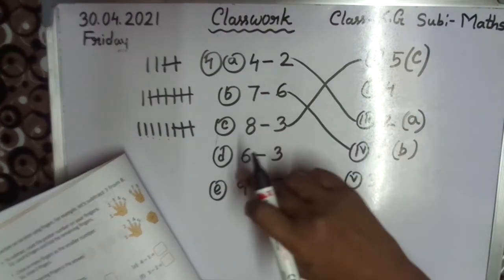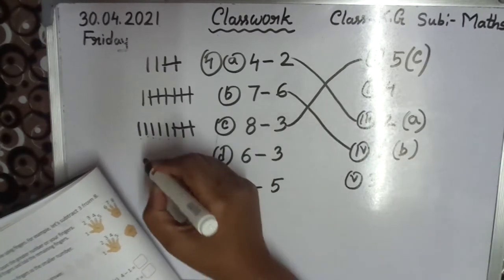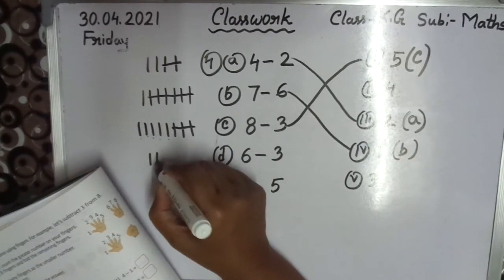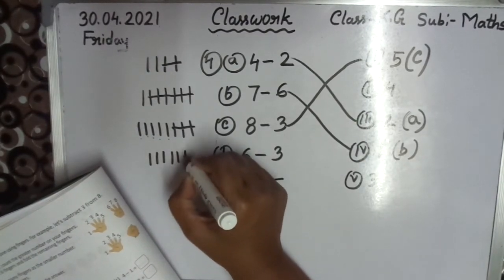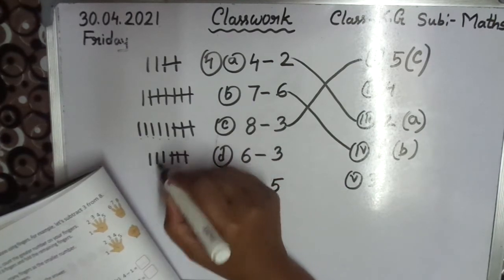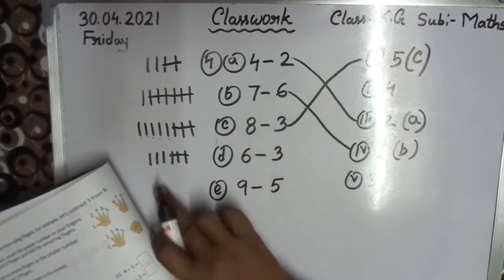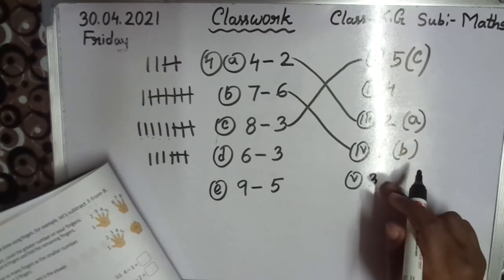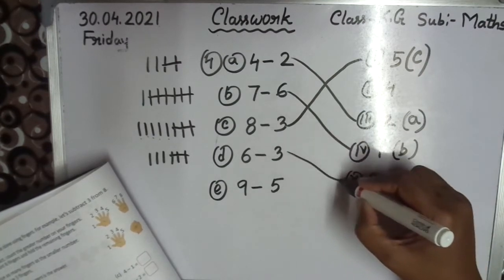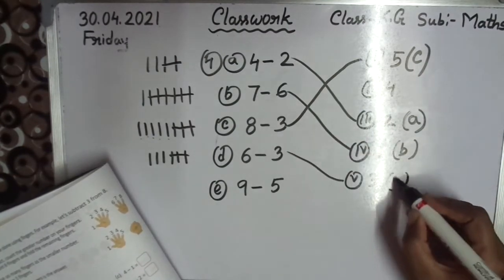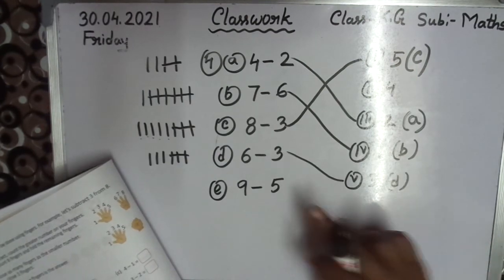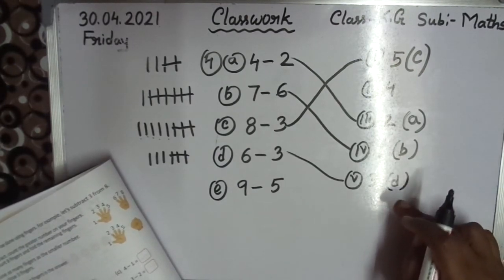Next, 6 minus 3. Again you draw the lines 1, 2, 3, 4, 5, 6. 3 minus, so left 1, 2, 3. Where is 3? Yes. So D. Question D I write here.